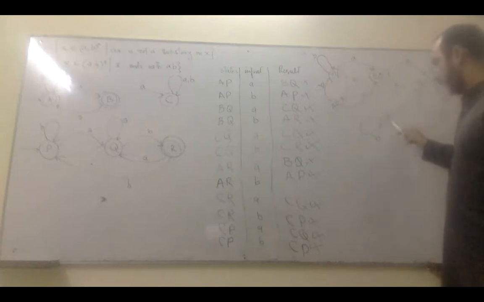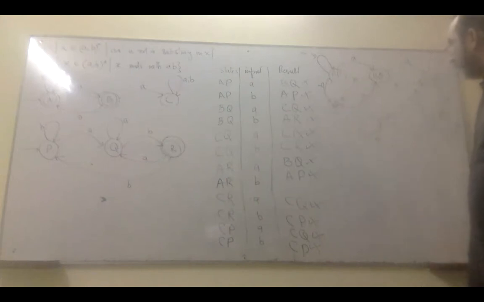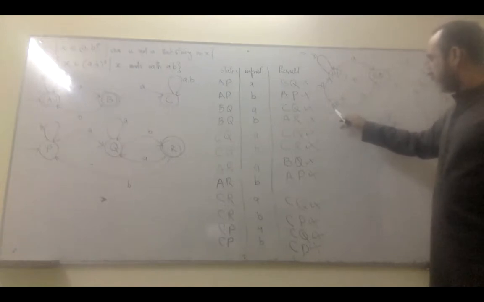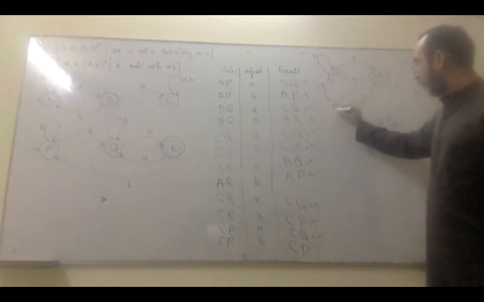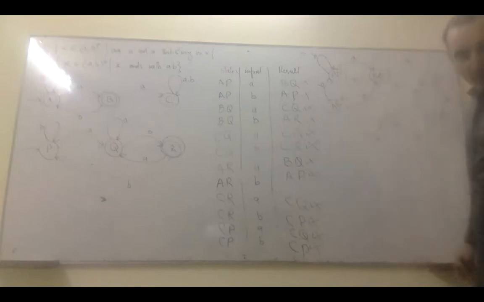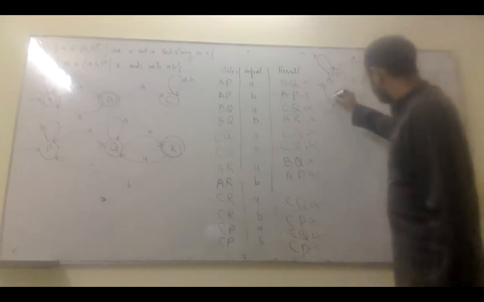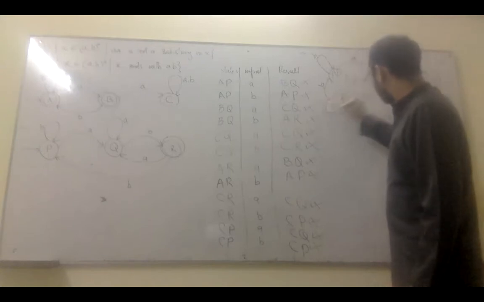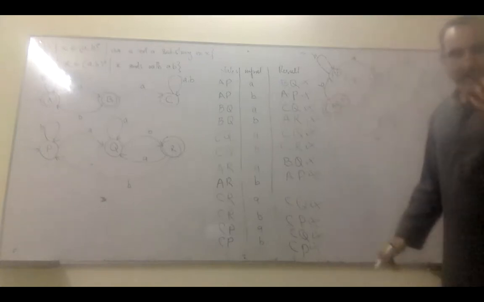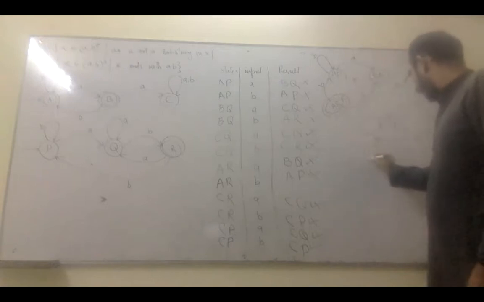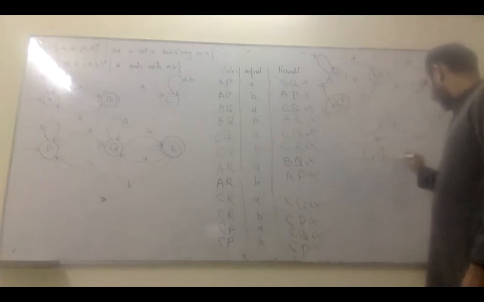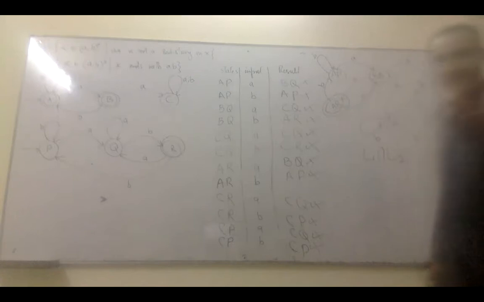Check it. Final state, non-final states. This is the final state of L1, and this is the final state of L2. So in concatenation, we can say this is the only final state of L1 concatenation L2. I hope that you will understand.